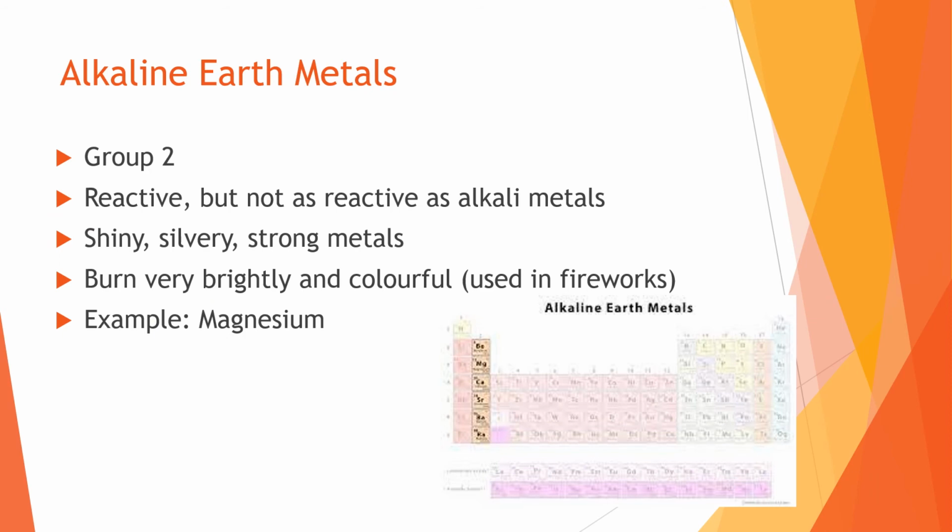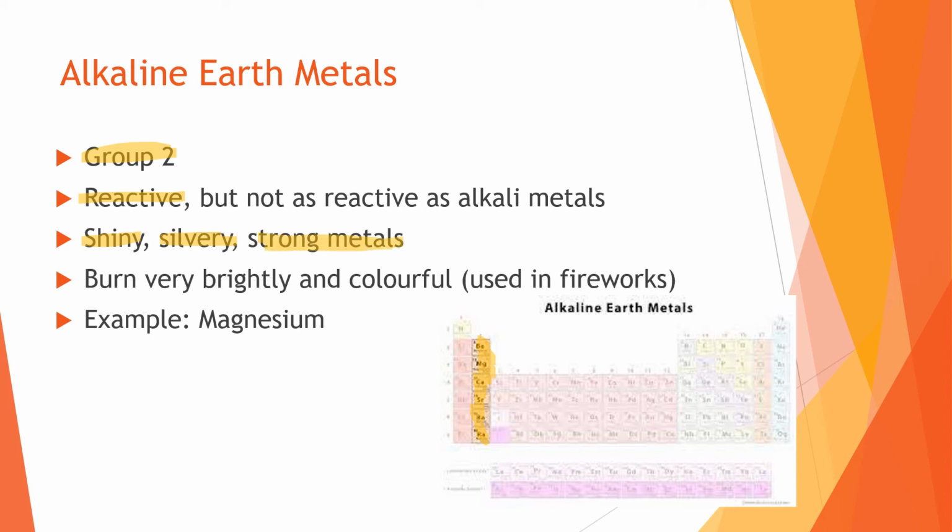Next, we have our alkaline earth metals. So this is group 2. Okay, so all of these elements in the second group here are the alkaline earth metals. They are reactive, but not as reactive as our alkali metals. They're less reactive. They're also shiny in luster and silvery in color, but these guys are stronger metals.